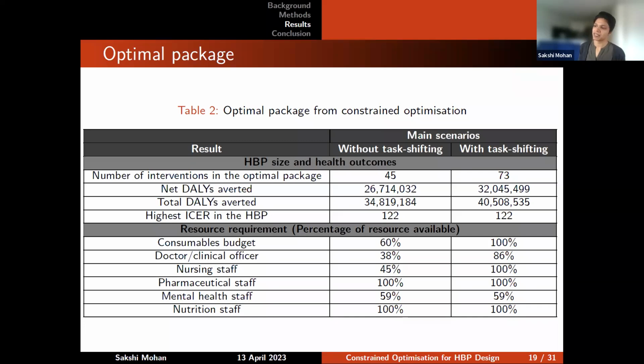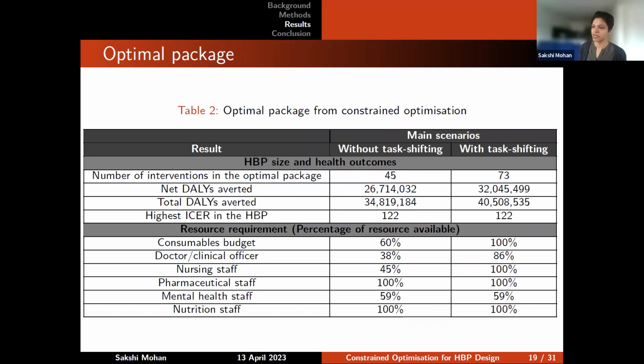And it appears that none of the other interventions in the list of 125 that we were considering can be delivered by a doctor alone. So once the other four resources, the consumables budget, nursing staff, pharmaceutical staff, and nutrition staff, get fully utilized, then it's not feasible anymore to deliver more interventions using only doctor capacity, if that makes sense.